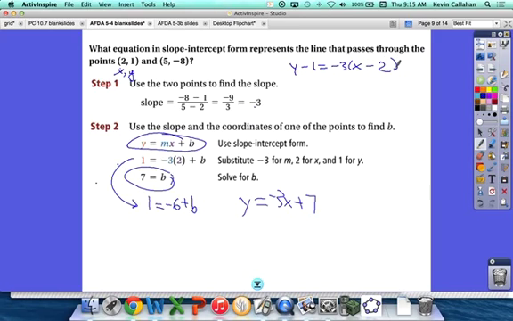And then solve for y, and it'll be in slope-intercept form. y minus 1 equals negative 3x plus 6. Add 1, add 1. y equals negative 3x plus 7. So, this second step of finding an equation for a line when you're given 2 points, you don't have to use that. You could also use point slope.